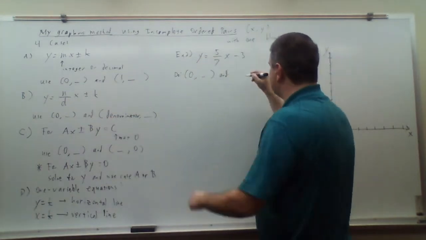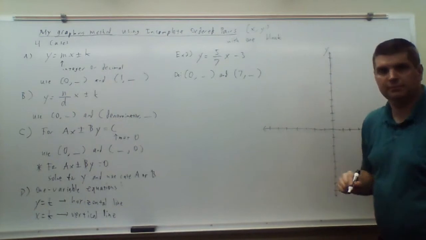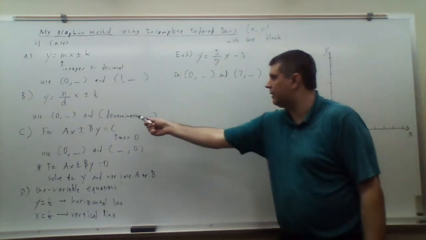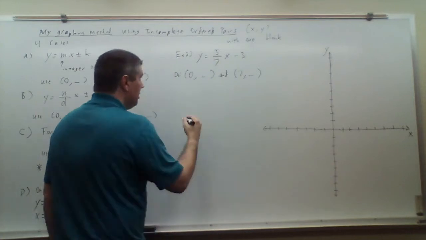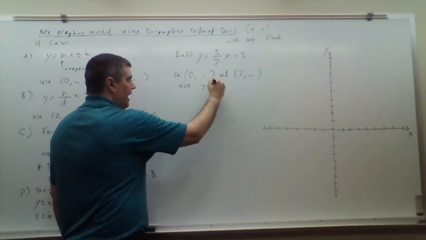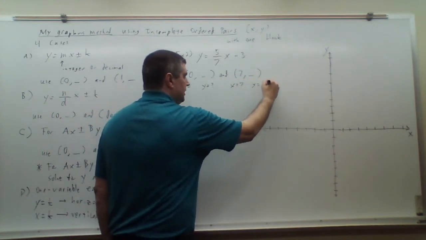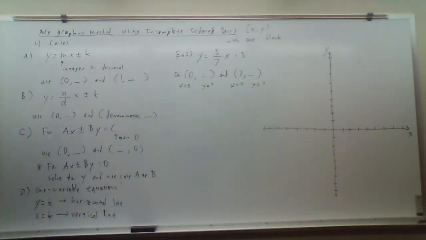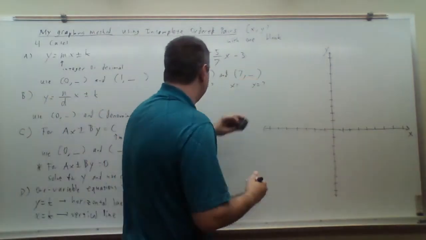The denominator is 7, so I will use 7 blank. So this means x equals 0, y equals we don't know. This is x is 7, y equals we don't know. Let me make it more clear that that is a 7.